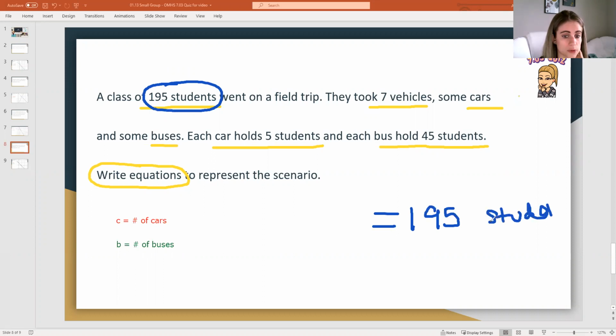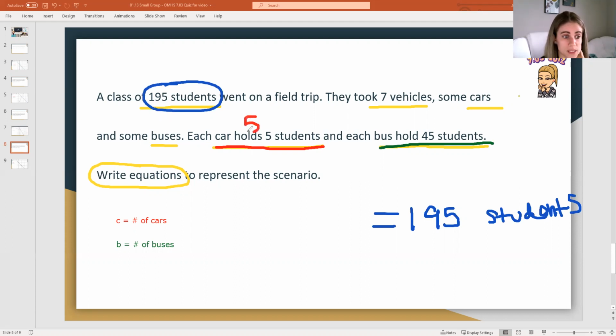All right, let's go through and pick out any information that matches with that students label that will go together in that equation. I see that a car holds 5 students and a bus holds 45. Well, my car is my variable C, and it holds 5 students.